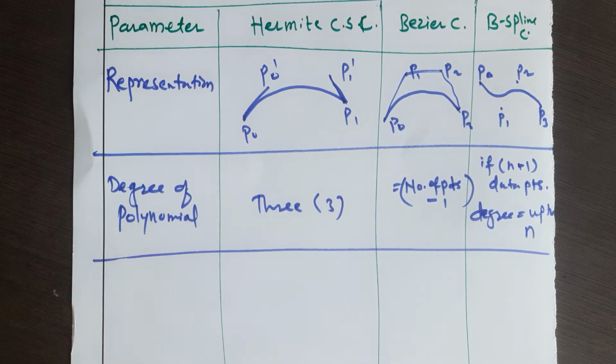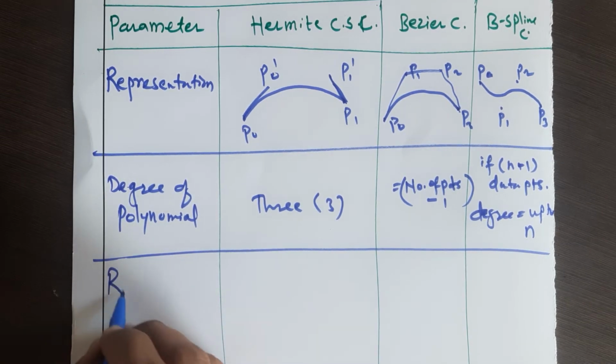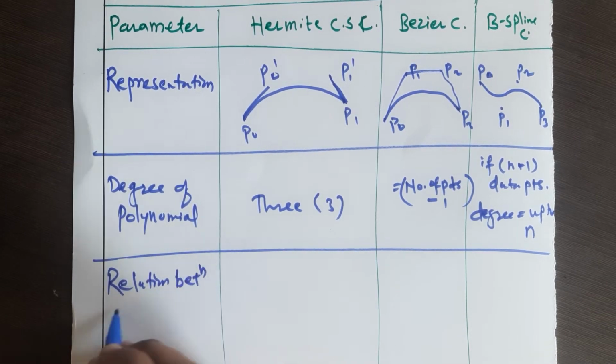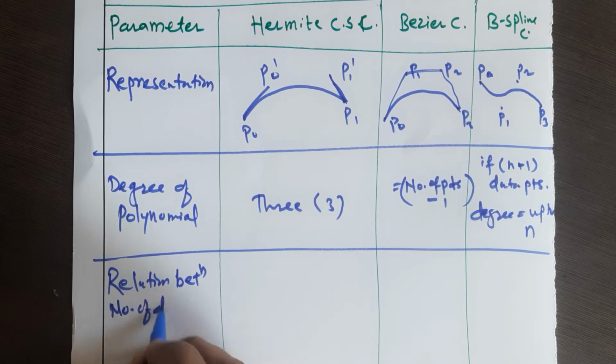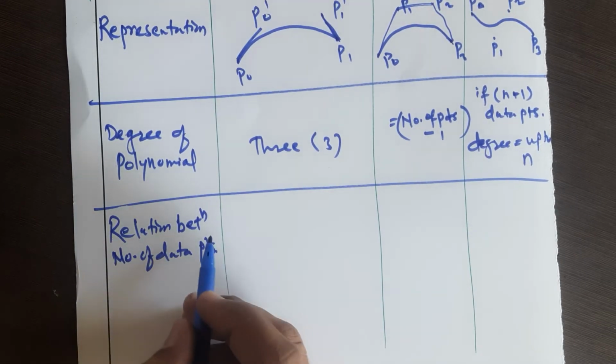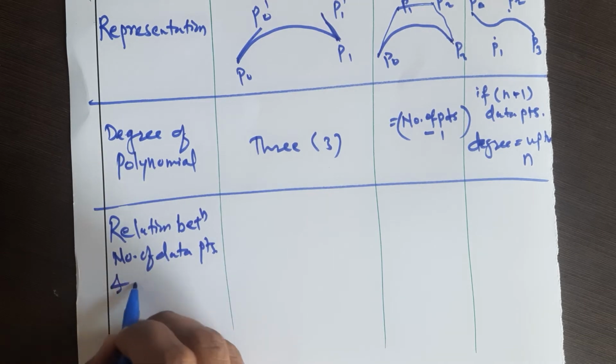The next is the relation between the number of data points and degree of polynomial.